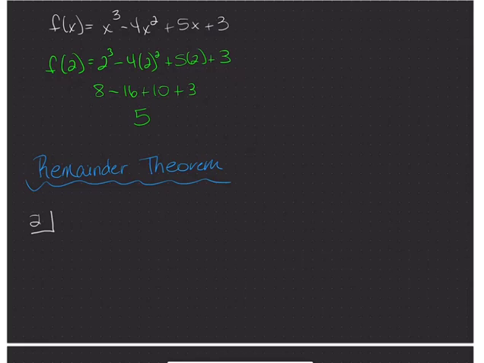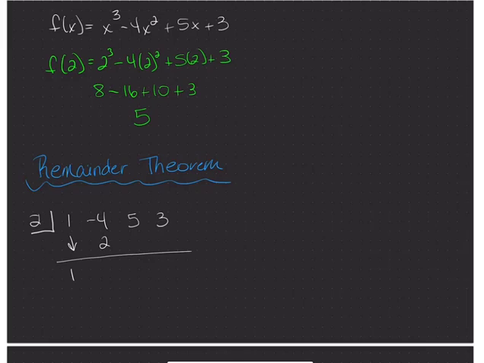So our x to the third has a coefficient of 1. Our x squared has a coefficient of negative 4. x has the coefficient of 5. And then we have our 3. Okay, what do we do? We drop down the 1. 2 times 1 is 2.